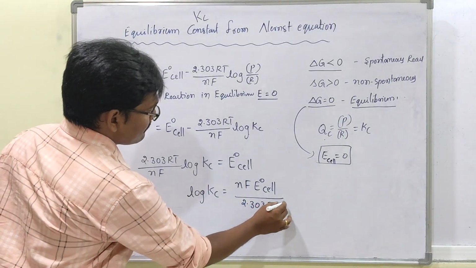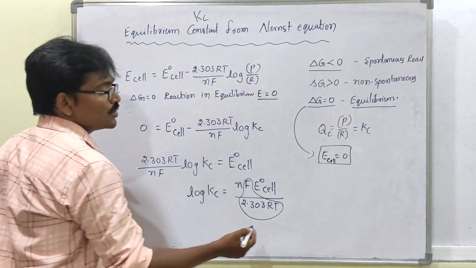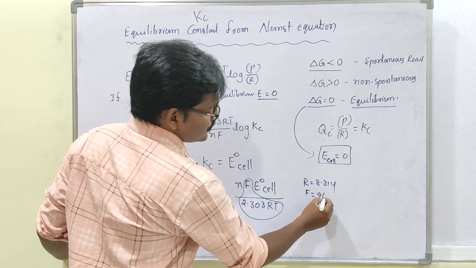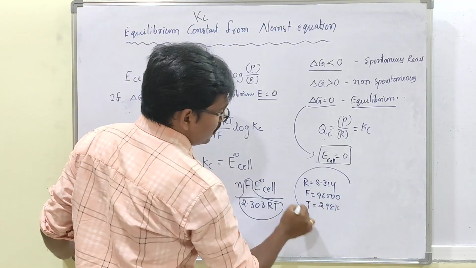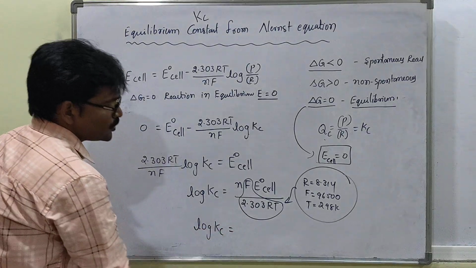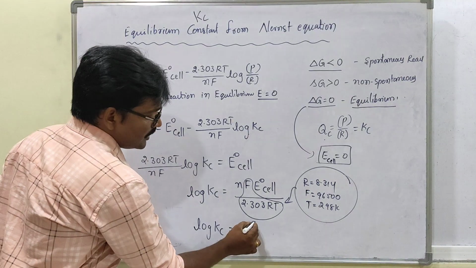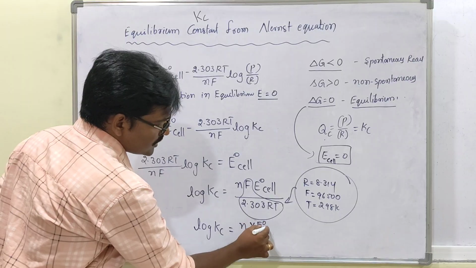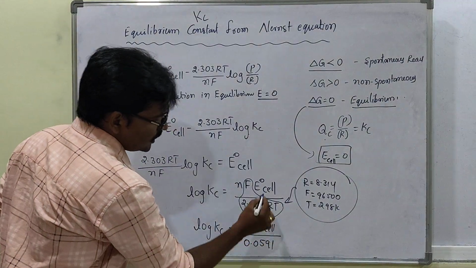2.303 RT, right? We have already seen these values when we substituted them in the NERNST equation. R equals 8.314, F equals 96,500 coulombs, and T temperature is 298 Kelvin. When all these values are substituted, then you get log Kc is equal to n into E naught cell divided by 0.0591.